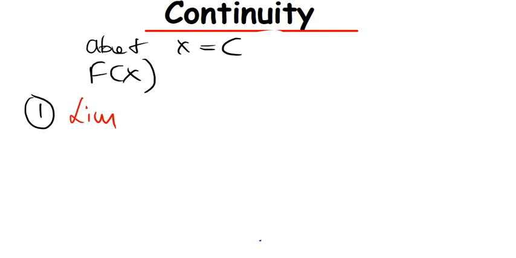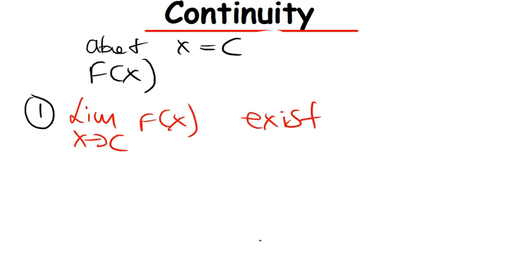So the limit as x approaches c of the function, first of all, should exist. That's condition number one.